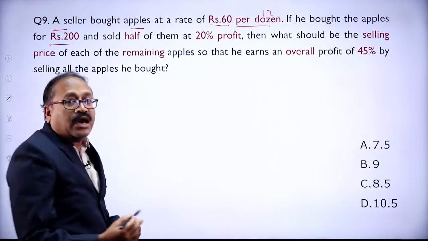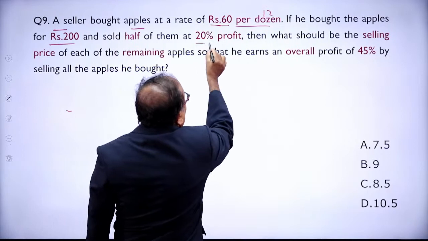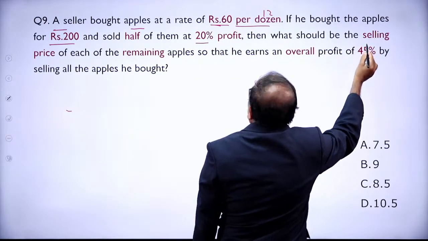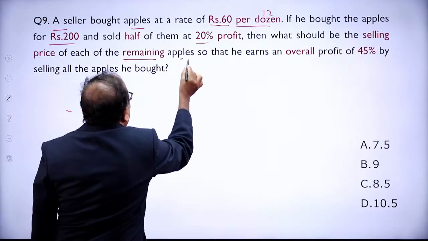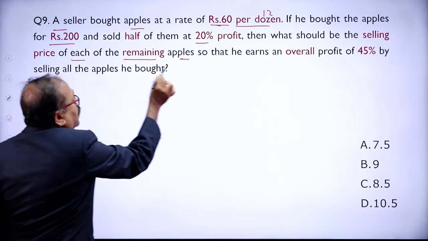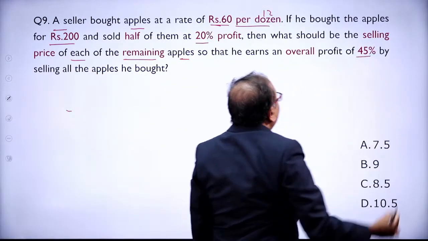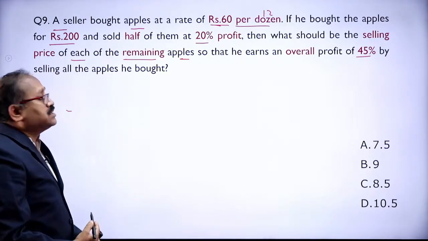He bought the apples for rupees 200 and sold half of them at 20% profit. Then what should be the selling price of each of the remaining apples, so that he earns an overall 45% profit by selling the apples he bought?